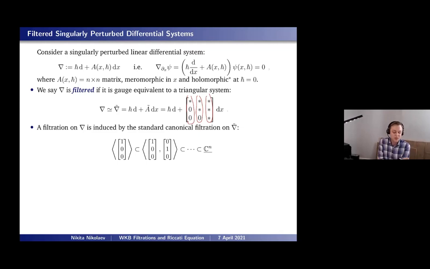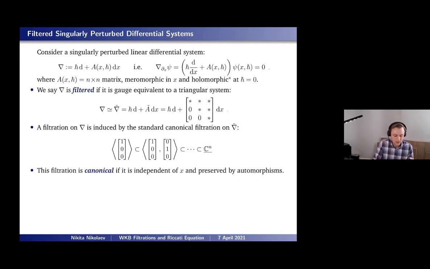Okay, so the point is that if I have my system nabla, and I can gauge transform it into a triangular system, the triangular system has this canonical standard filtration just by columns. Then I can use my gauge transformation to pull it back to my original system, and that gives me a filtration.